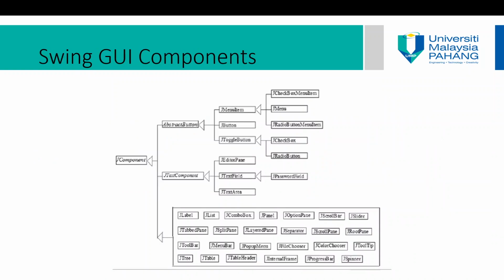All of these components inherit from the parent JComponent. Inside JComponent, objects such as label, panel, buttons, and text field are all subclasses of JComponent.